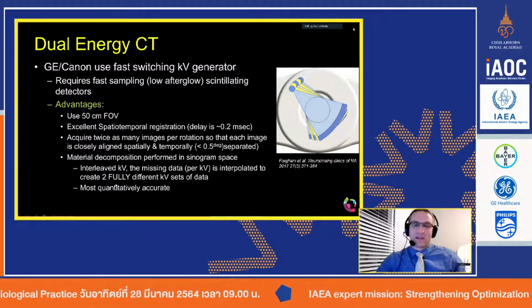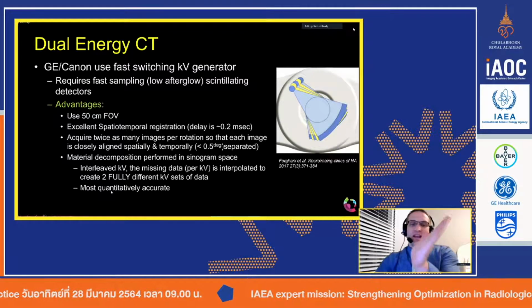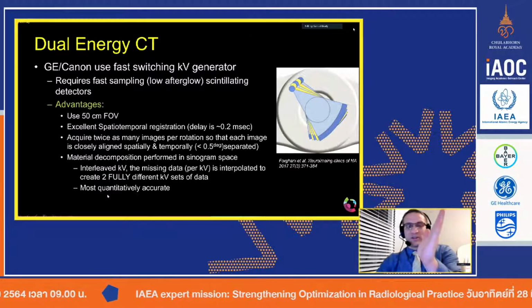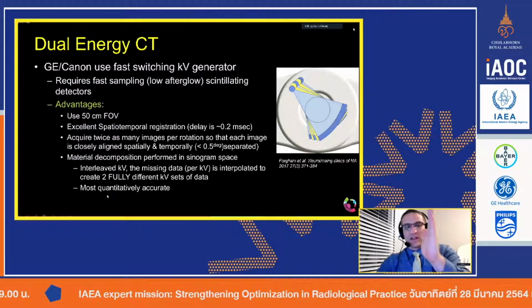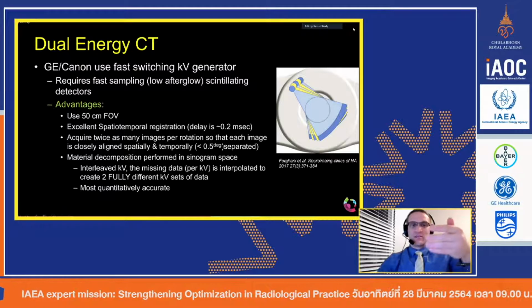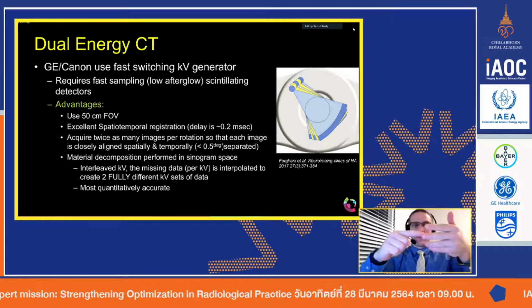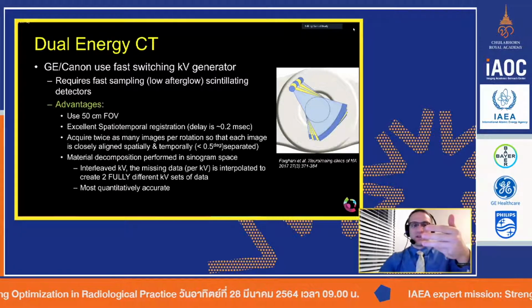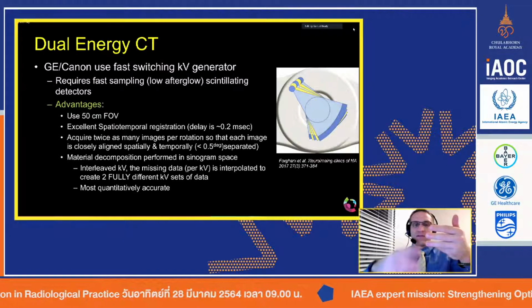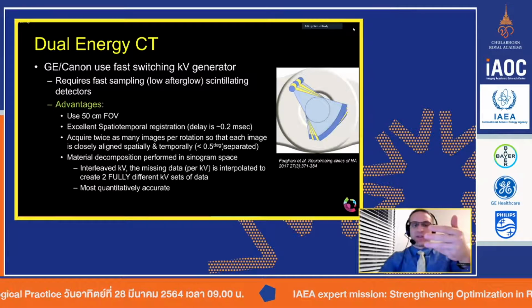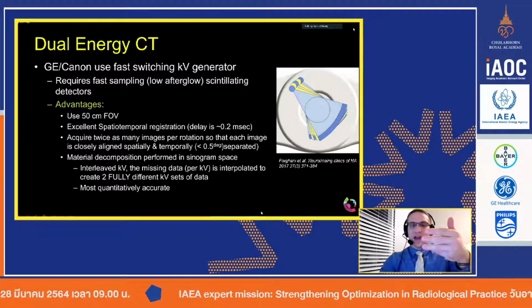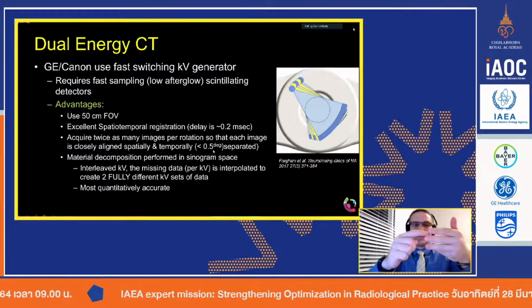So basically what it does is you collect at 80 kV, then you spin just a little bit and collect 140, and you spin again at 80. If you think about it, you're actually missing every other set of projection data, a little bit of data in between. And so to create a full, complete, and accurate image, it interpolates between these projection data that are half a degree different.